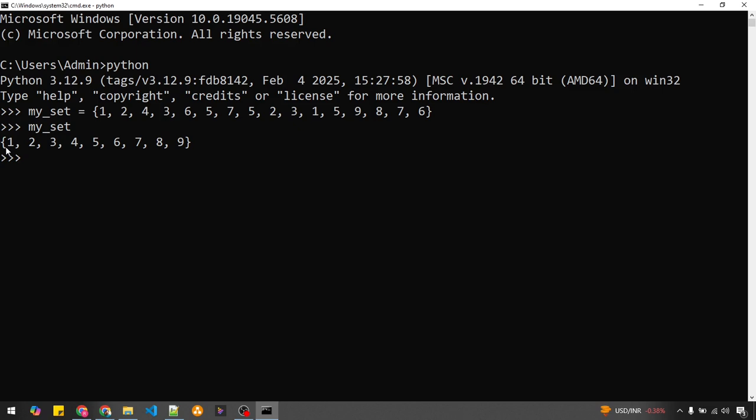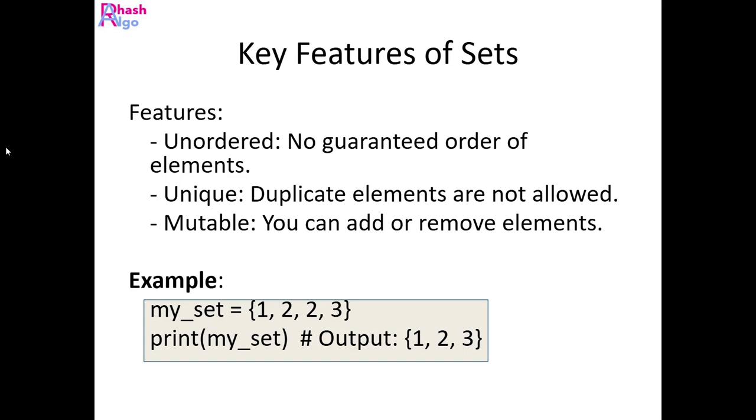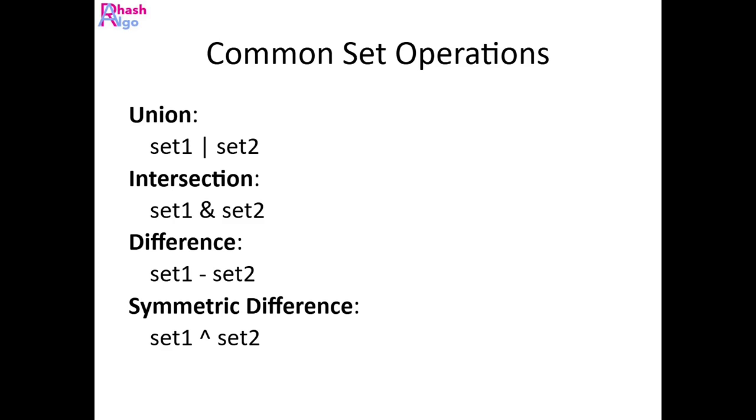Basically, it reordered the elements in such a way that it can maintain them in a memory efficient way. That's how sets work. Sets are mutable, so they can be modified by adding or removing elements. They are unordered, and the elements within the sets are unique.